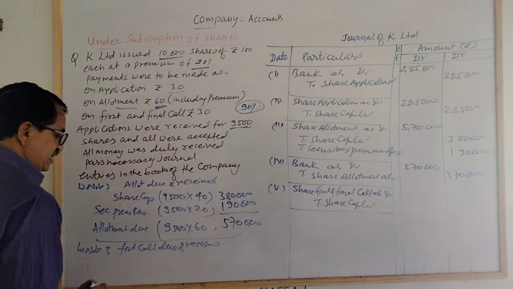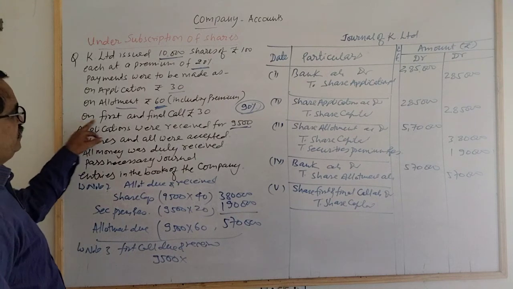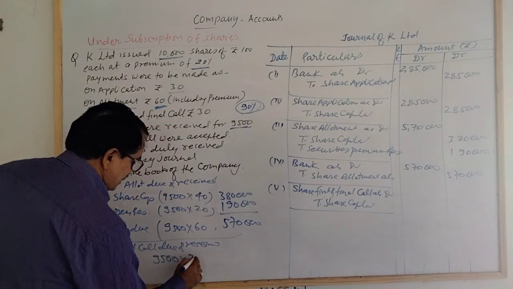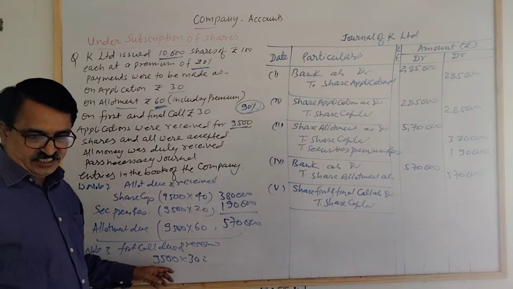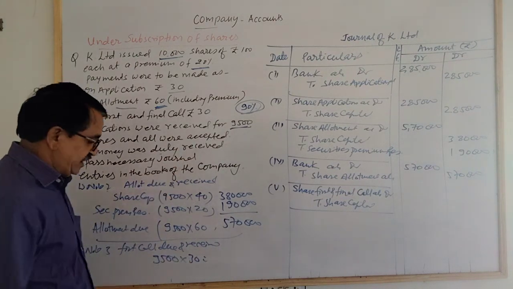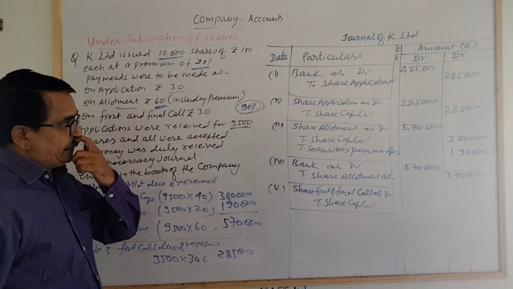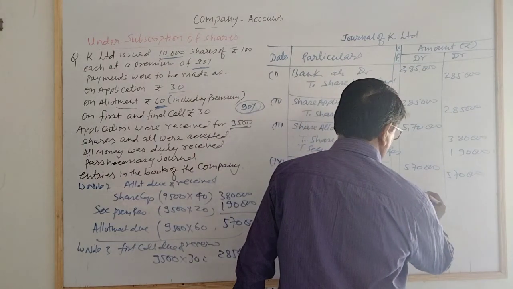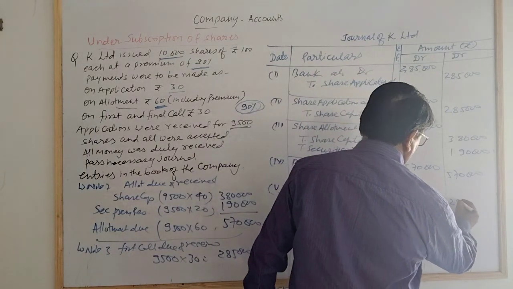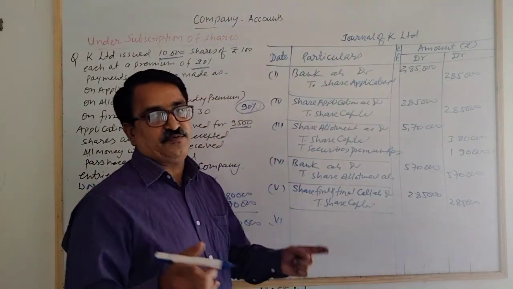We are calling first call money on 9,500 shares, and first call money is ₹30. So 9,500 multiplied by 30 gives the same amount as before, ₹2,85,000. So this will be your entry, 2,85,000 on both sides.